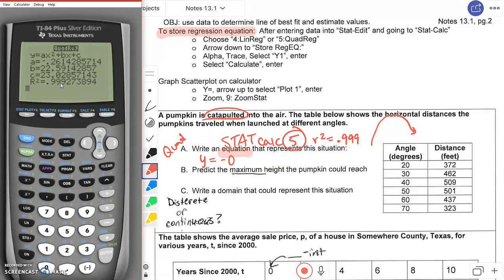So negative 0.261, okay, so 0.26 x squared plus 22.59x plus 23.03.